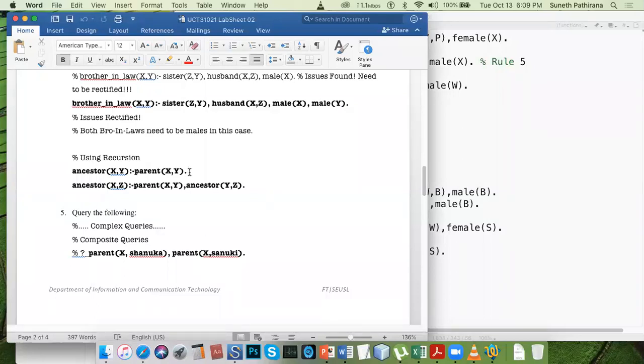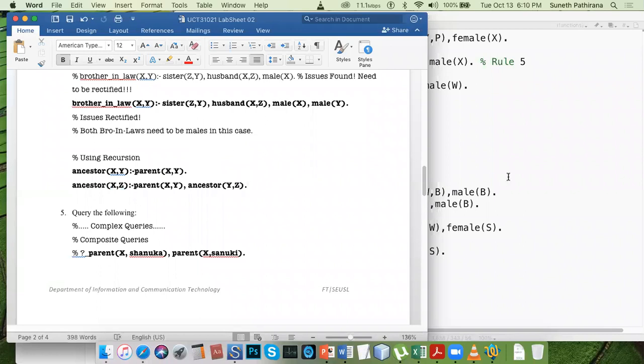So today we will learn how to implement recursion and how to provide examples of the capability of recursion in Prolog. So what does recursion mean? Recursion means nothing but calling the function within the function itself.